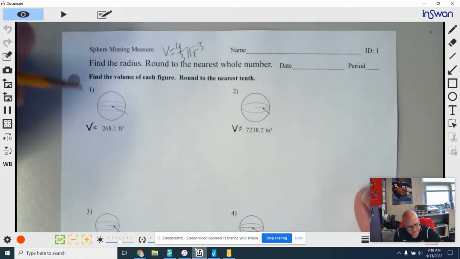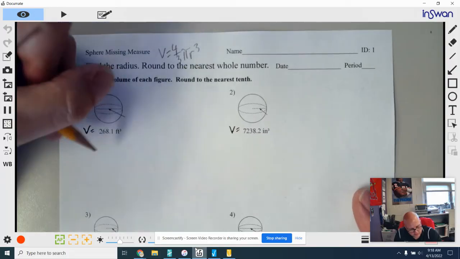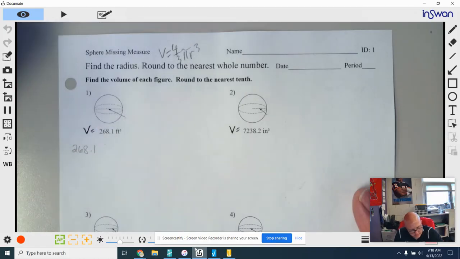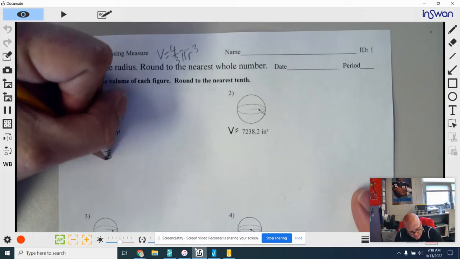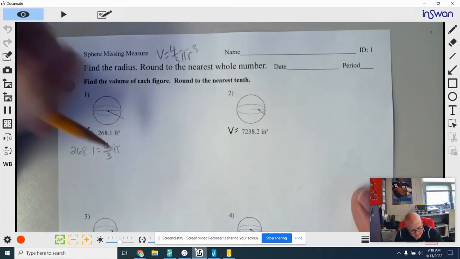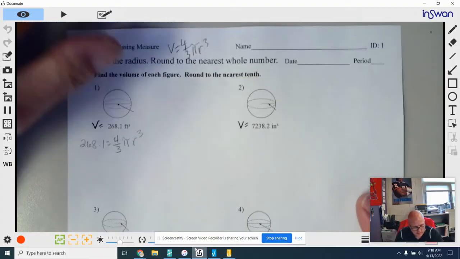Okay, so if you look at number one, I see it gives me the volume, V equals. So I'm going to write that down, 268.1 equals. And then I just take these pieces from that formula and write those down, 4/3 times pi times the radius cubed. We don't know what the radius is, so that's what we're trying to solve.